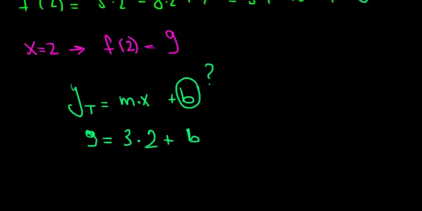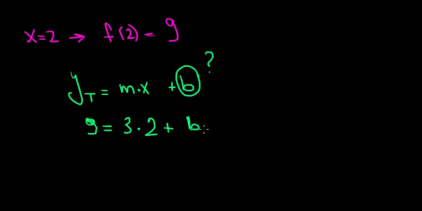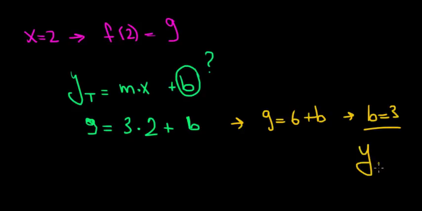We'll just do some math. 9 equals 6 plus b, which means that our intercept equals 3. So we have the intercept, we have the slope. What is the function of our tangent? Well, it's 3 plus the slope of 3 times x, and that's our tangent line. That's the first step. We found out our tangent line.